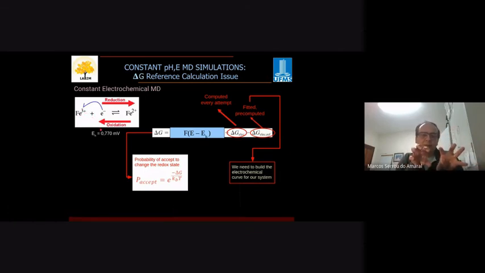You try to see if it can change state, gaining an electron. Or if the iron is 2+, whether it can lose an electron.